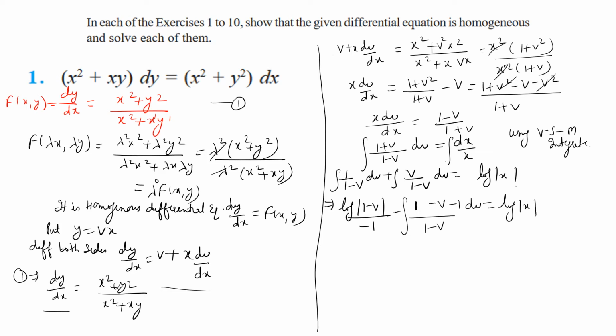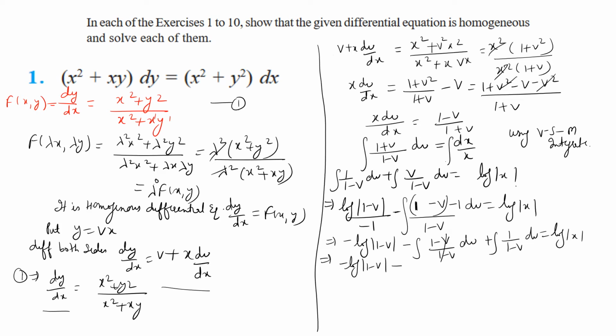Since the integration is not complete, I am not putting the constant yet. dv plus, I will split it like this, 1 upon 1 minus v dv equals log mod x. So this implies minus log mod 1 minus v. Minus this will be 1. So it will be just v plus log mod 1 minus v upon minus 1 is equal to log mod x.